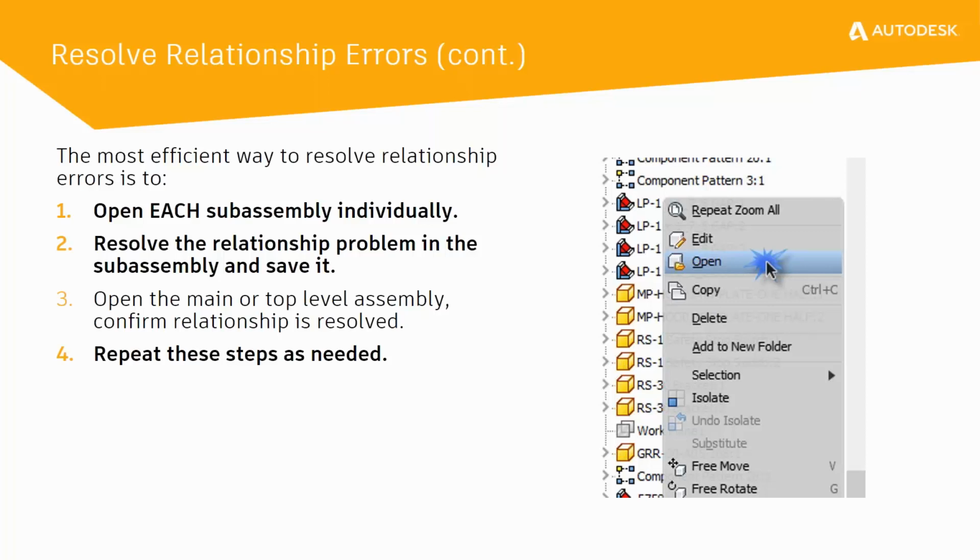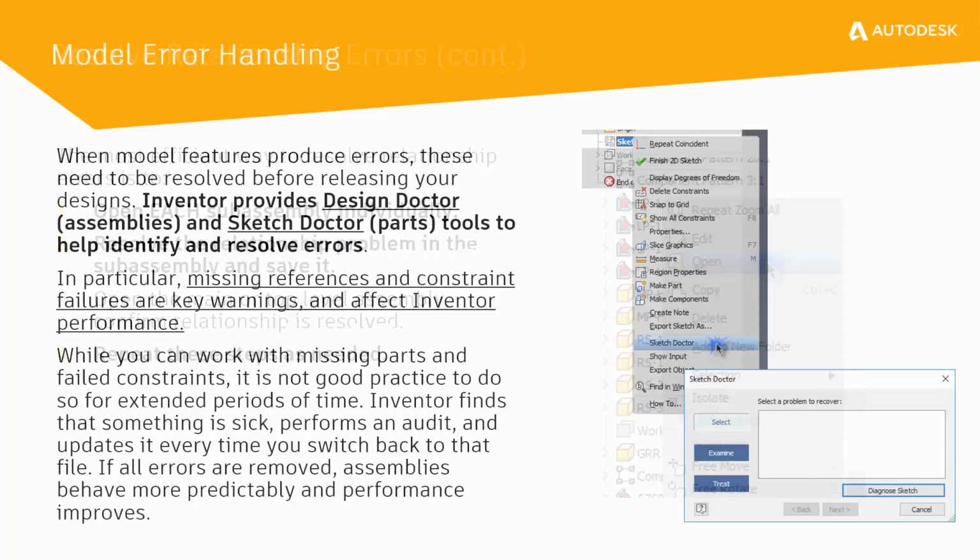So it's a rinse and repeat process of moving through sub-assemblies, and potentially even sub-assemblies inside of those, to resolve the relationship error inside those sub-assemblies before looking at the top level assembly.